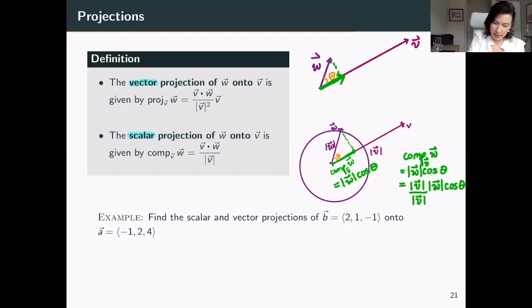This vector is what we are going to refer to as the projection of the vector W onto the vector V.